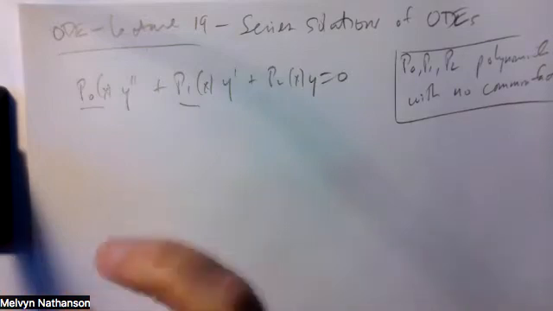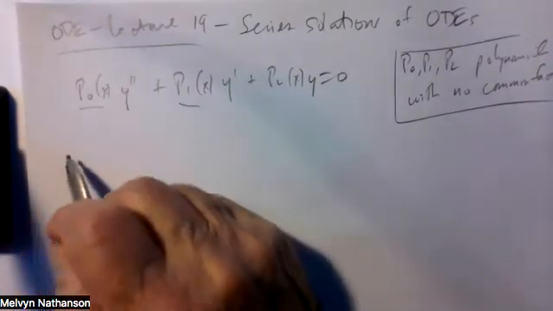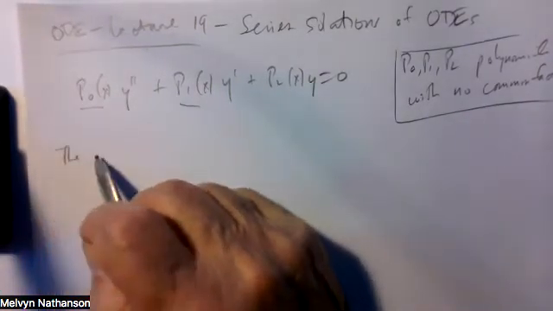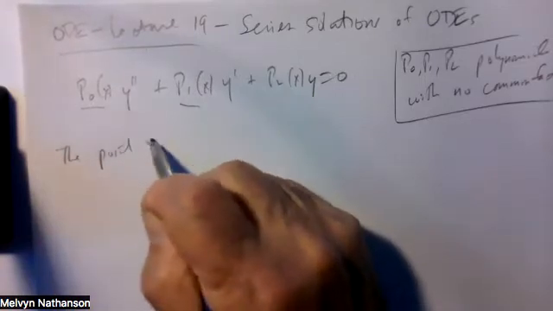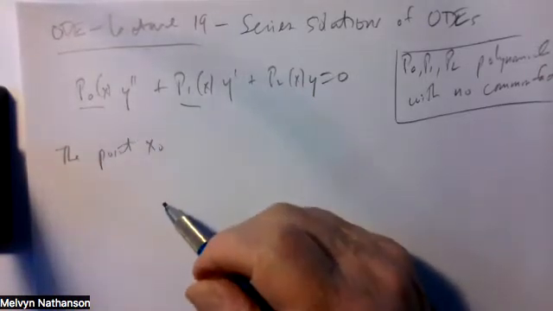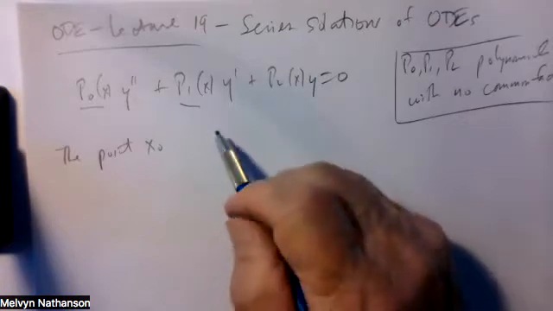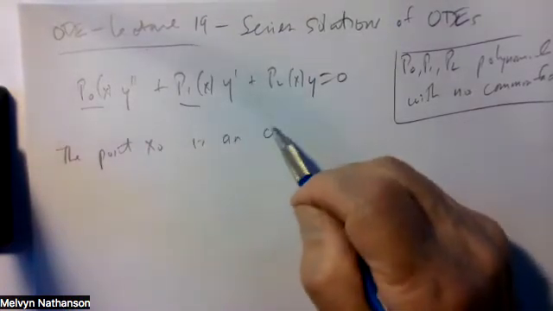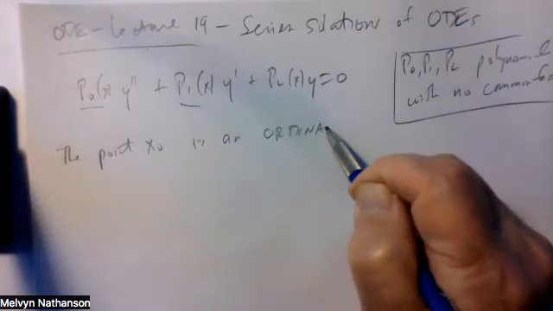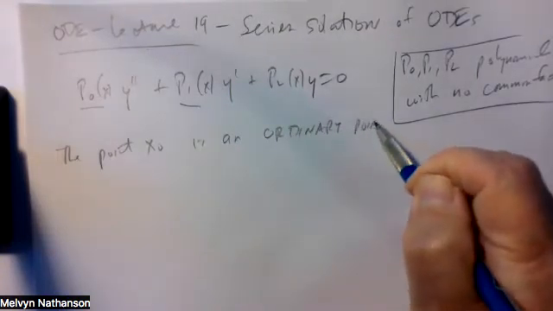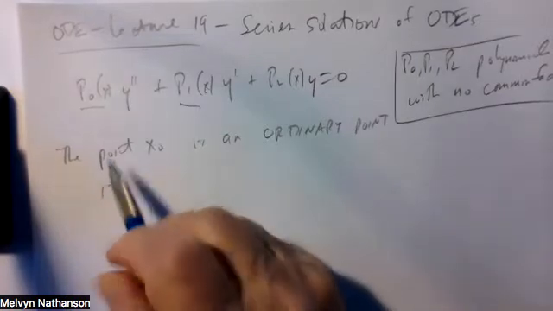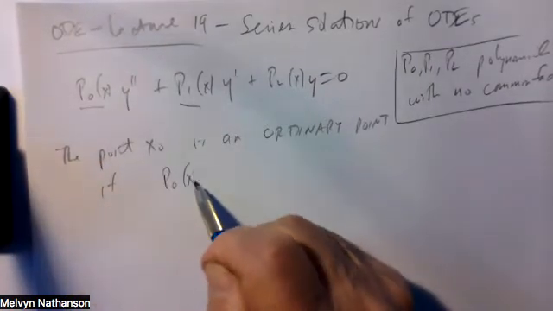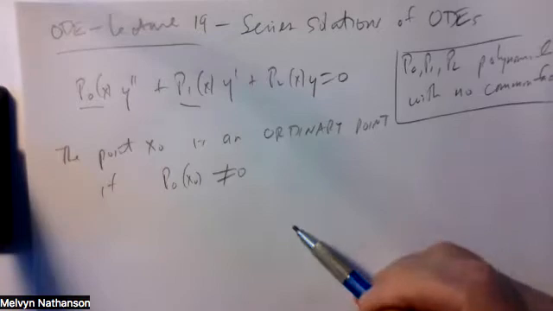And we say that the point x naught is an ordinary point if P naught evaluated at x naught is different from 0.